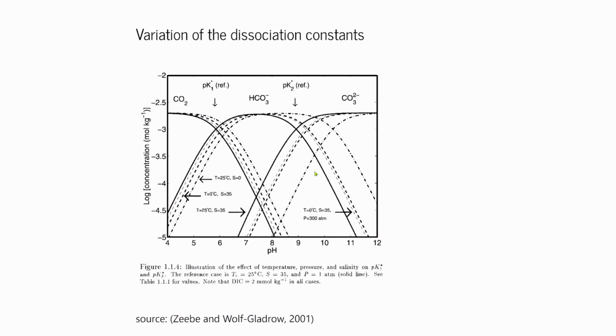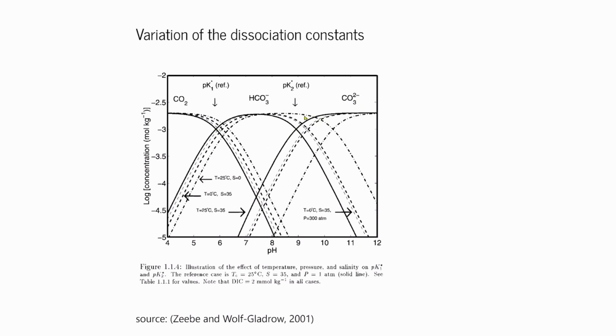Here is a small example from this textbook about CO2 in seawater. We have quite different Bjerrum plots for different waters. The baseline for seawater is 25 degrees, salinity of 35. This is the black line. The dissociation constants are where those lines cross.